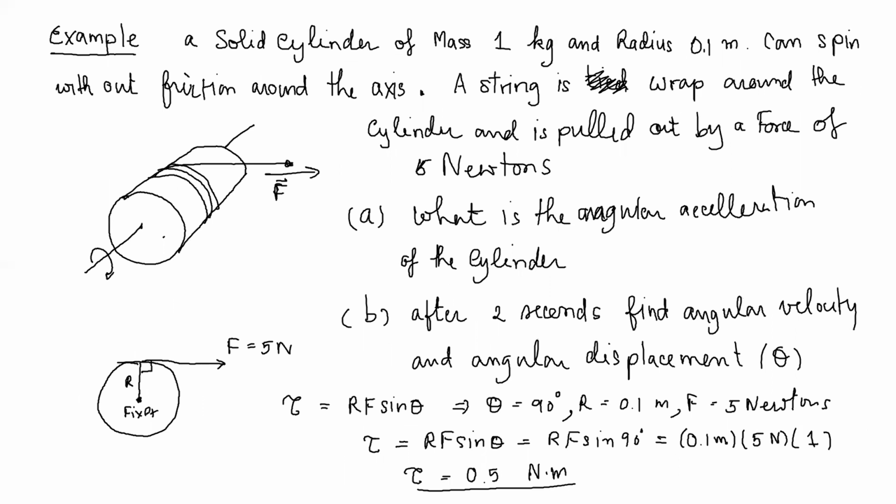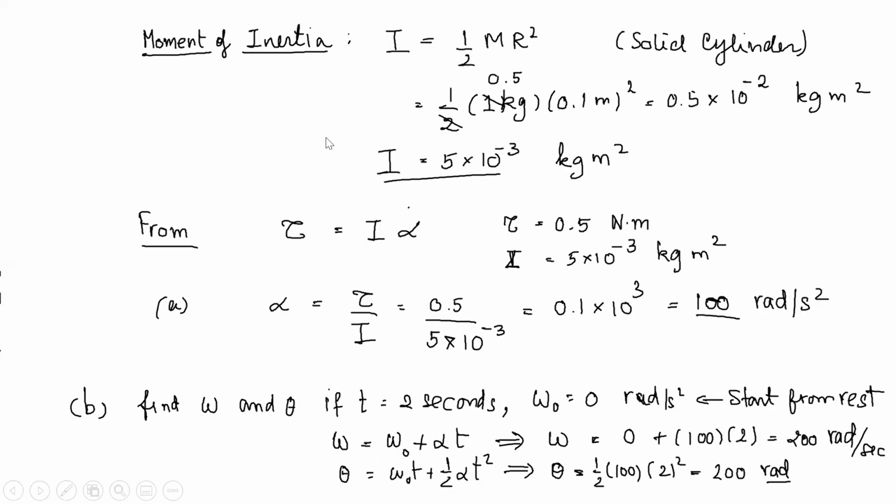I think I missed one spot. Okay. The moment of inertia of the object, because it is a solid cylinder, is 1/2 mr squared.